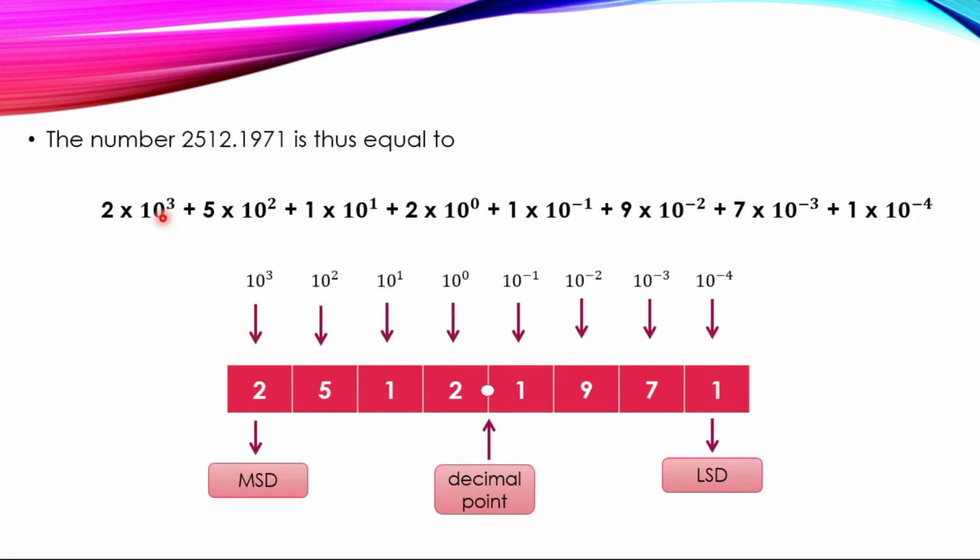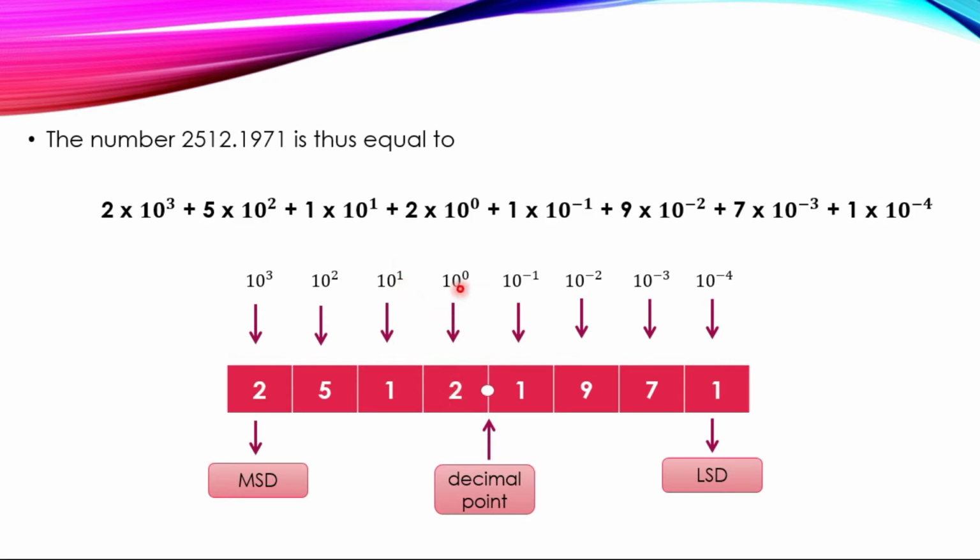Now you can see the very first position from your decimal point, on the left side, is raised to power 0, and the part after the decimal point, that is the fractional part, has negative powers, and the integer part has positive powers.